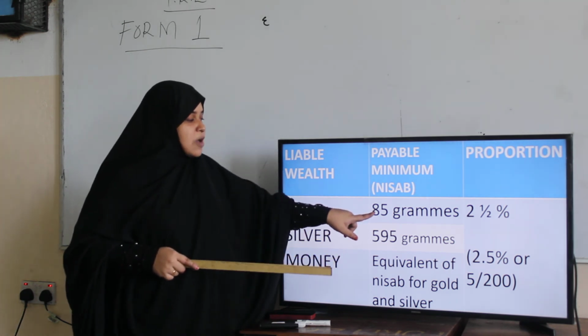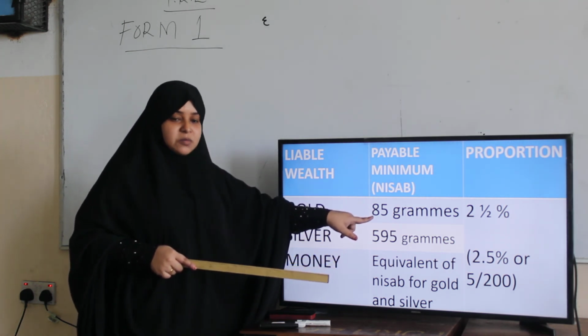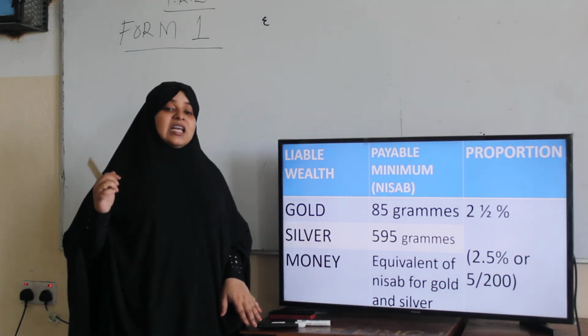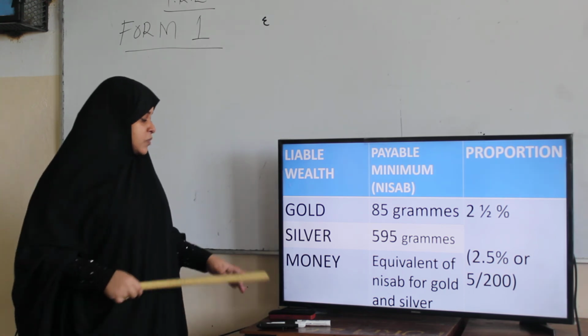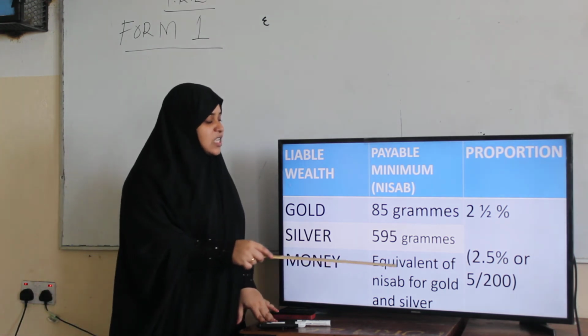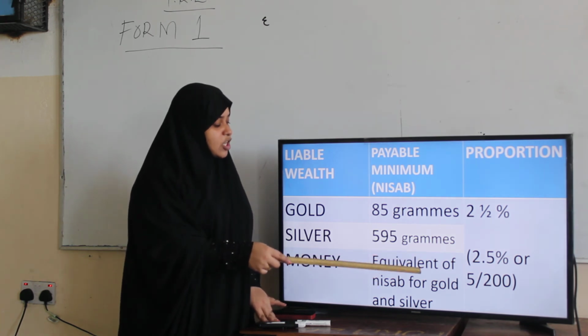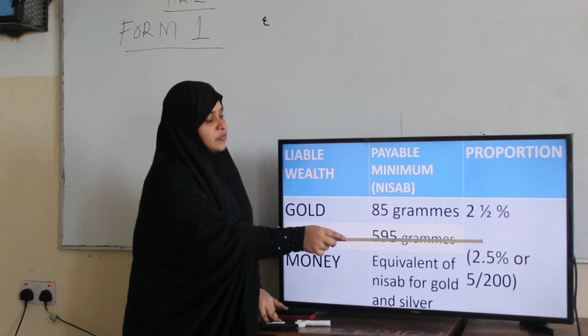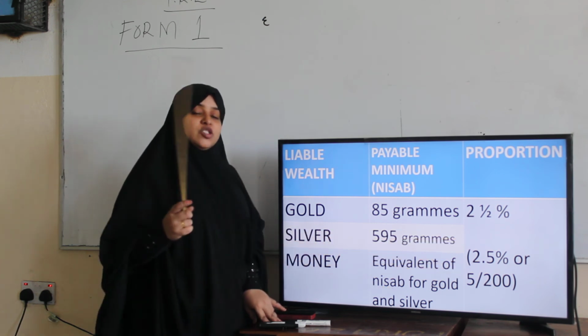So the nisab for gold is 85 grams and the nisab for silver is 595 grams. Then, if it's money, it is the equivalent of the nisab for gold and silver. That is 2.5% or 5/200.